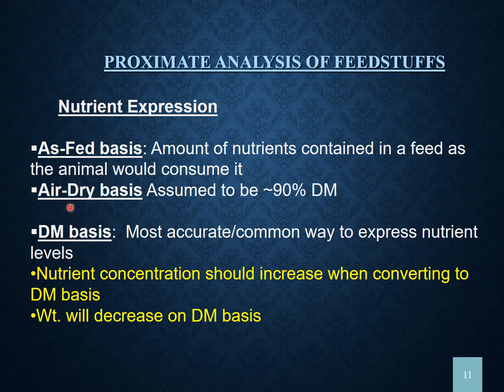Well, when the sample is dried under normal air conditions, the nutrient concentration is expressed on an air-dry basis. So in this situation we use a sample dried under normal air conditions without using the oven.